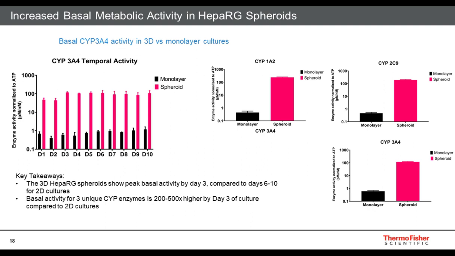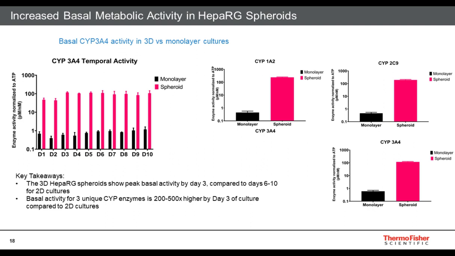The two main takeaways are that at all time points, your activity is significantly higher in 3D compared to 2D. And the second main takeaway would be that actually on day 3, cells reach peak enzyme activity in a 3D format compared to a 2D monolayer. We have to wait through days 6 through 10 to get peak enzyme activity. And so you can assay your cells actually much quicker in a 3D format compared to a 2D format.